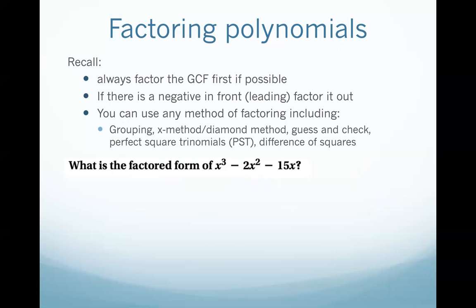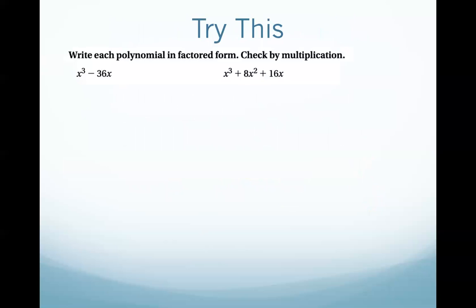Okay. I have two more for you to try factoring, and then that will be the end of the video. So the first one, the one on the left here, again, I have a GCF of x. So I have x times x squared minus 36.